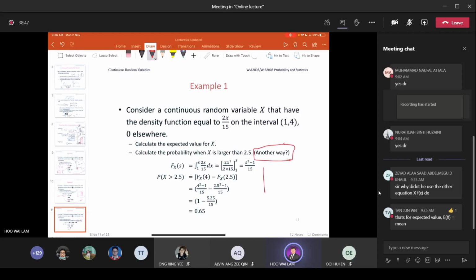I need to draw it again just to give you some idea. Okay, this is 1, this is 4, this is 1, this is 4. For those that already get the idea, then just bear with me for a while. So for you to get this particular point, like maybe this one is 2. The concept of the cumulative distribution function is always accumulating up.